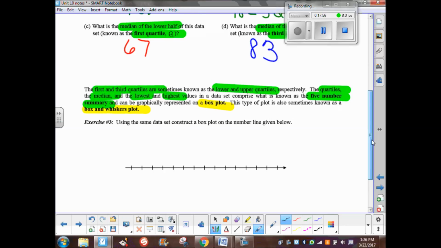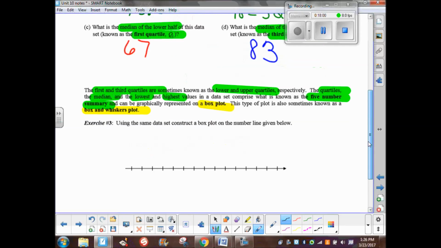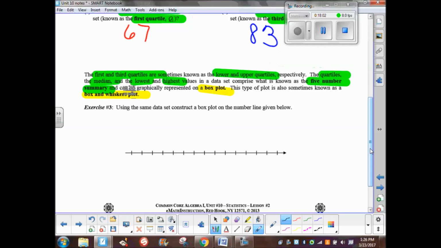So my lowest number was 52, right? Let's see how we want to set up our number line, starting at 50. My low is 52. My high was 98, I think.